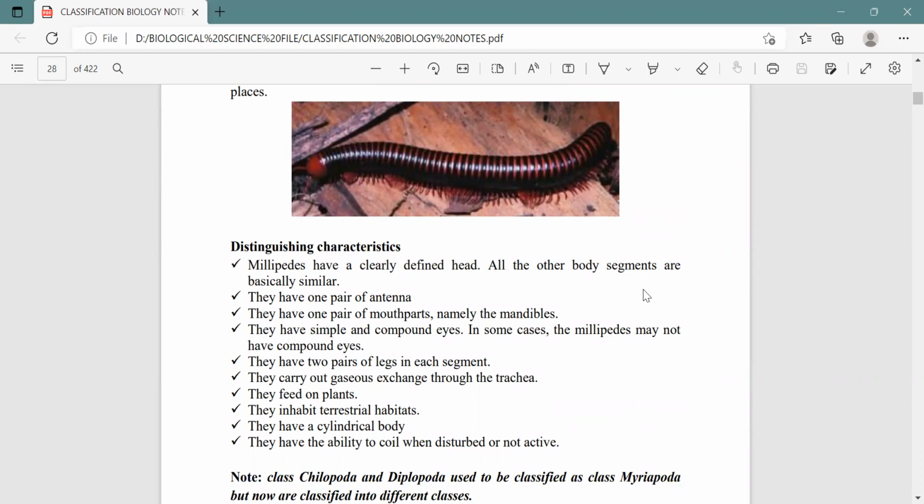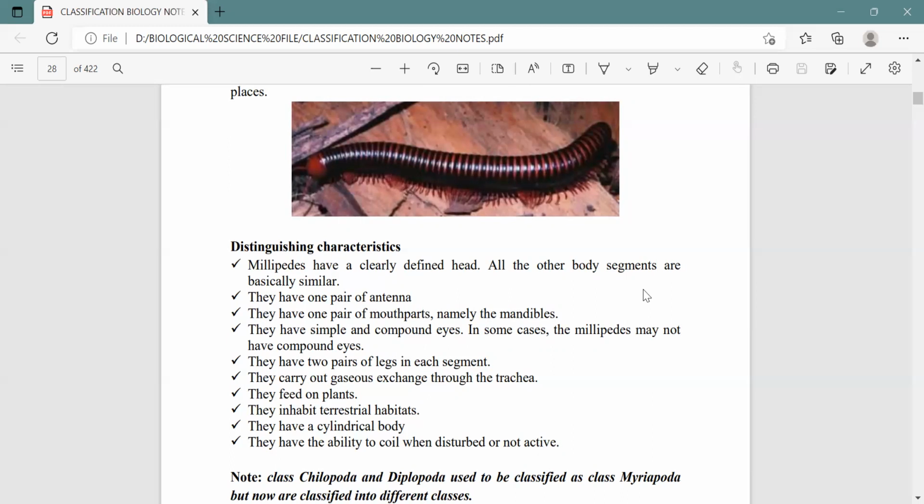Even when you touch it with your bare hand, you'll not be injured or poisoned. So those are their characteristics. Read about them. Know how to distinguish the differences between class Diplopoda and class Chilopoda.